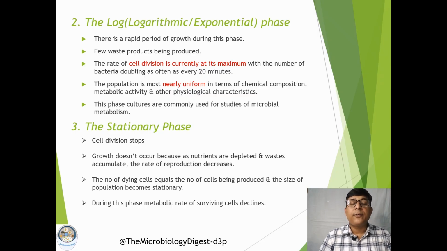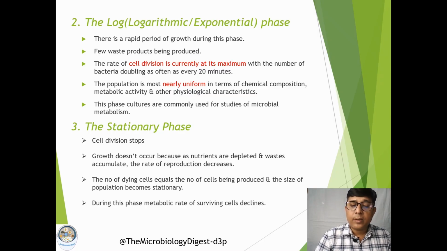Next, the third phase is the stationary phase. So after exponential growth, in this phase no cell division will take place here. And why does this happen?